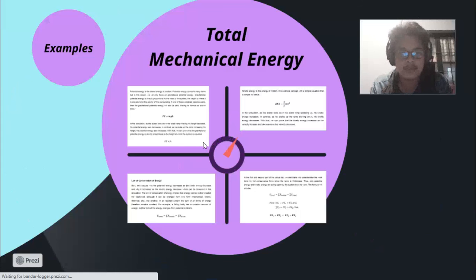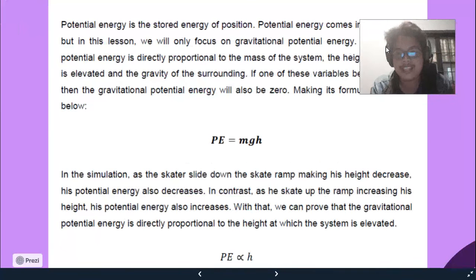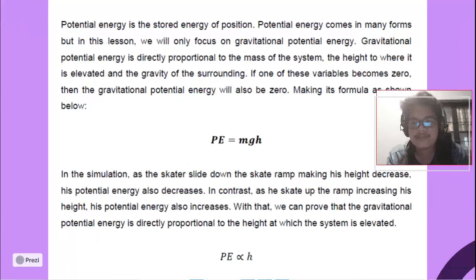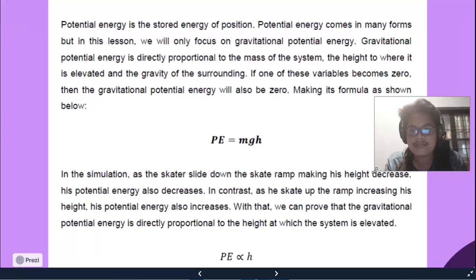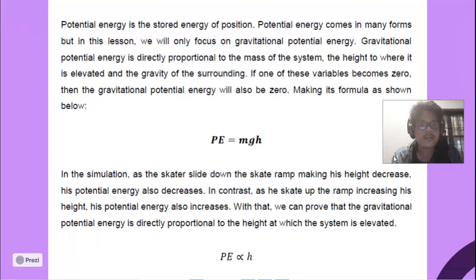So potential energy is stored energy of position. Potential energy comes in many forms, but in this lesson we will only focus on the gravitational potential energy. The potential energy is the energy that is stored in an object. The higher it is, the higher its potential to fall, or mas mabilis yung pag-fall niya, thus the more energy. But if it is already on the ground, there will be no potential energy. It is directly proportional to the mass of the system.